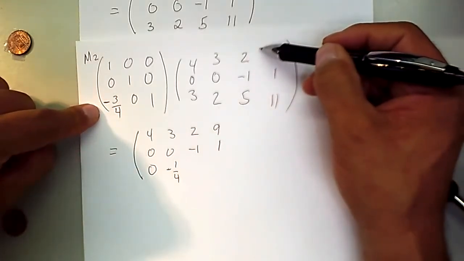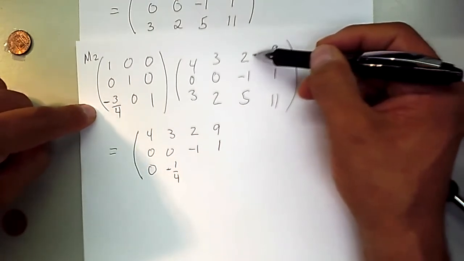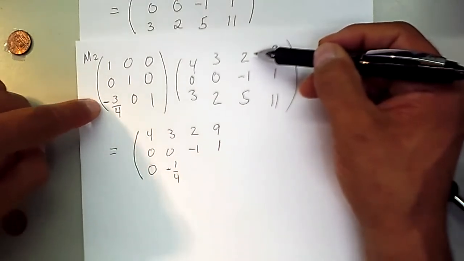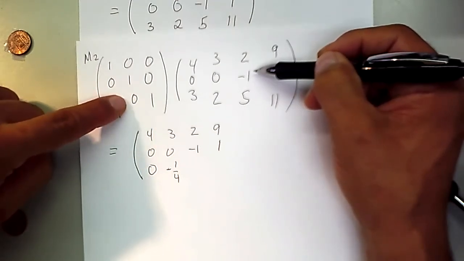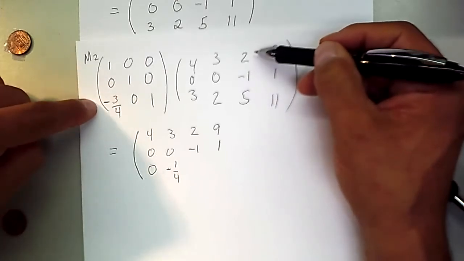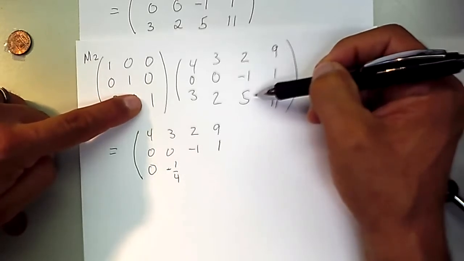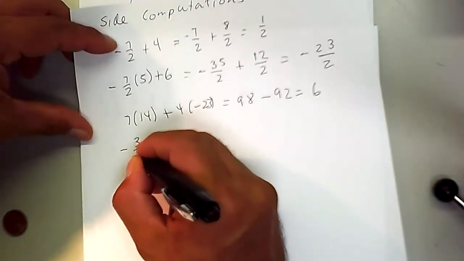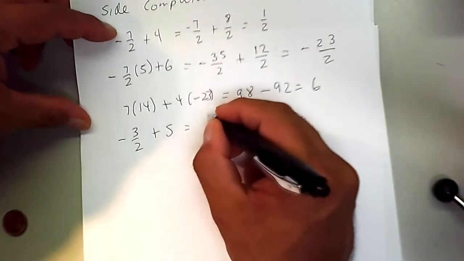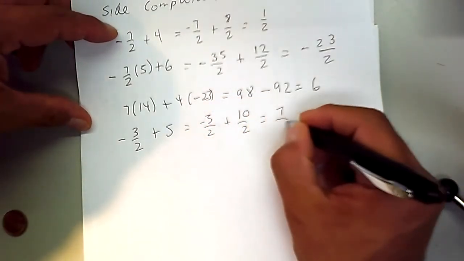Okay, now this guy, -3/4, so that is going to be -3/2 when we multiply by 2 because the 4 simplifies with the 2. So -3/2 plus nothing, even though there's a negative 1 here, the 0 neutralizes this guy. So negative 3 halves plus nothing plus 5. Negative 3 halves plus 5, that is negative 3 halves plus 10 halves, and that is 7 halves.